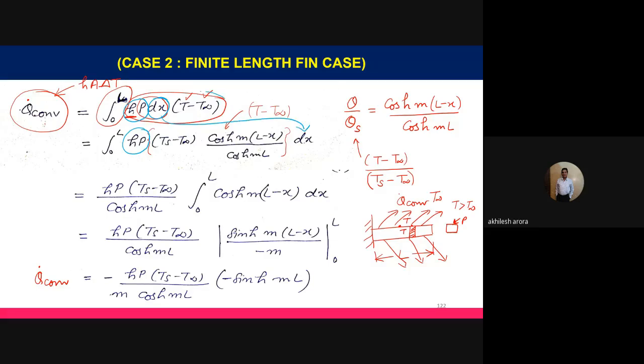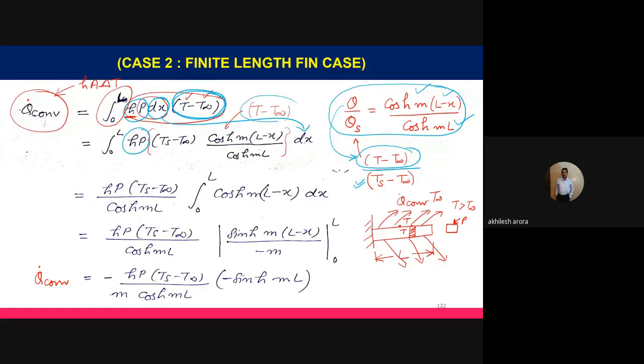Now we have to calculate the value of T minus T infinity. What is the value of T minus T infinity? We got this temperature distribution equation: theta over theta s is equal to cosh(m(L minus x)) divided by cosh(mL). This is given as (T minus T infinity) divided by (Ts minus T infinity). So from here we can calculate T minus T infinity.